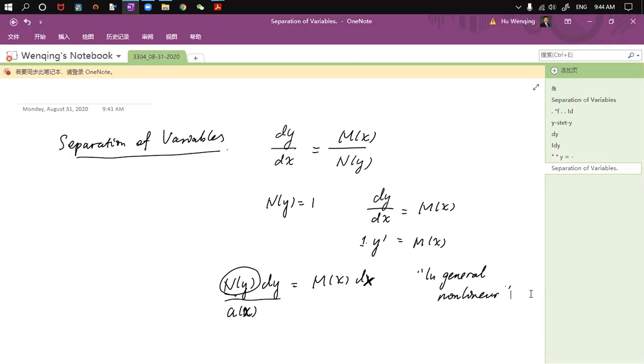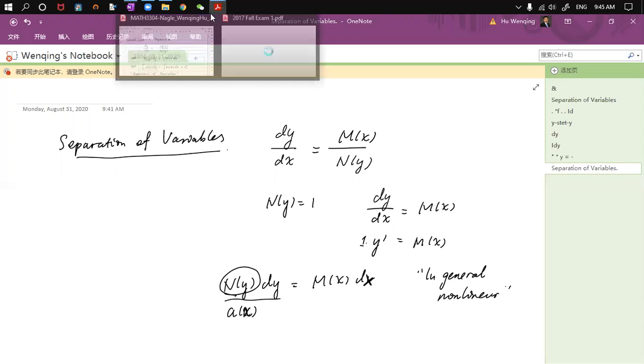And this method applies mainly to nonlinear first order equations. That's what I would like to say about the method of separation of variables.